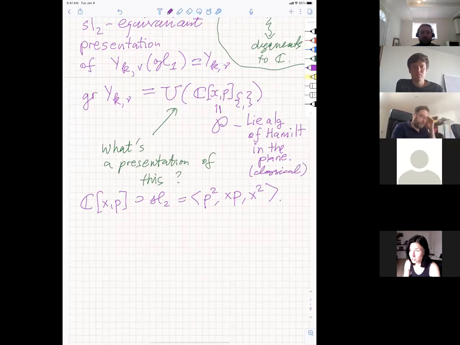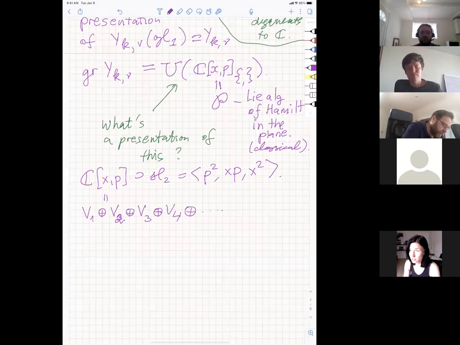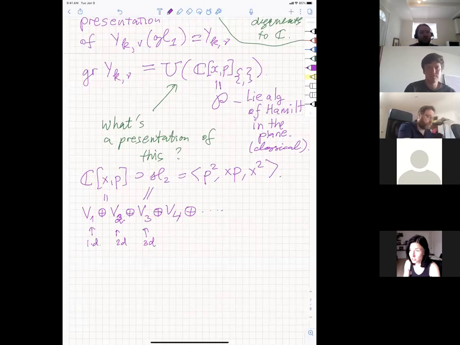This is graded, and then this can be written as a direct sum of representations of this Lie algebra. I will label representations by dimensions: V1 plus V3 plus V2, I'm sorry, plus V3 plus V4 plus so on. This is the one-dimensional representation, the two-dimensional representation, this is the three-dimensional, which is the Lie algebra itself, and then four-dimensional and so on.